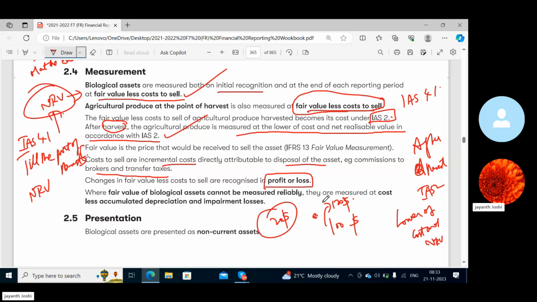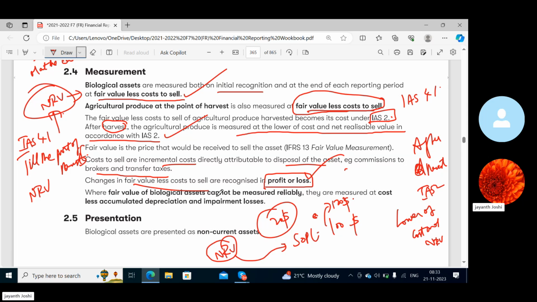When the intention is to sell, any changes should be shown in SOPL. Not that it is physically sold, but any changes in fair value less cost to sell, that means any changes in the NRV, should always be recognized in SOPL.